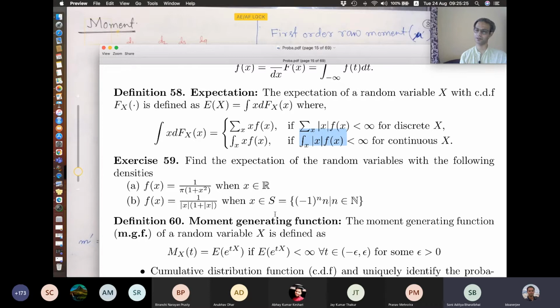Which one will become negative? The expectation, because x can take any value. f(x) is always positive by definition. X can take any value, positive or negative, according to this set S. But there is no restriction on the expectation becoming negative. Expectation can be negative; I never told you that expectation cannot be negative.